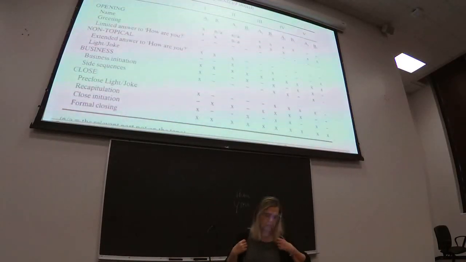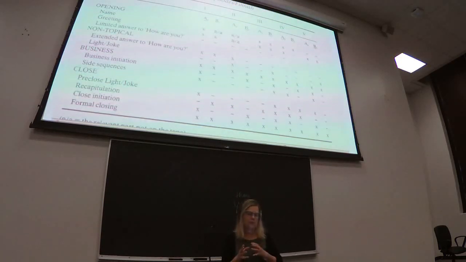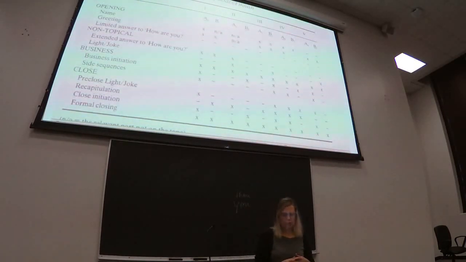It's also obligatory to say your name in the opening, to say who you are talking with. But there is no limited answer. If there is this greeting, there is no limited answer to how are you. There is an extended answer to how are you. And that introduces the non-topical sequence, which seems to be almost obligatory in the Finnish business conversations.